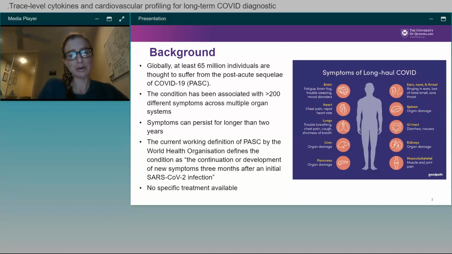One of the real priorities for long COVID patients is to have some sort of diagnostic test that's much more objective and can be used to not only validate their experience, but also start to guide treatment in this area. Because unfortunately at present, there's really no treatment available except for symptomatic treatment. So this is a really, really big problem.